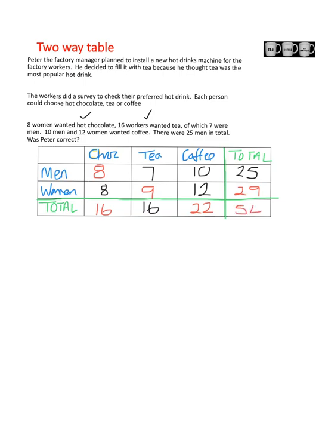So my overall total is 54. So was Peter correct? Now Peter said that he thought tea was the most popular drink. If we actually look at this table, we can say, well, no, Peter was incorrect. Coffee is the more popular.